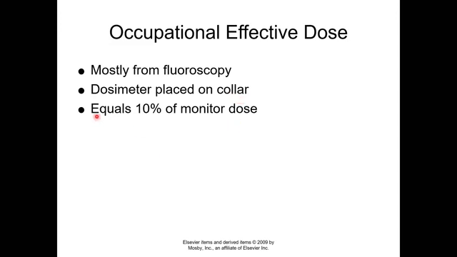Very important to also remember that our actual dose that we actually receive is only about 10% of what the monitor reports. So even though the monitor might report 50 millisieverts, or millirem, we're only getting 10% of that, so 5. So that's kind of nice that we're not getting as much as what the badge is reading off.